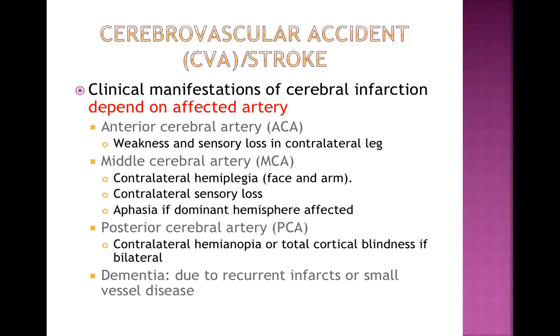Hemianopia means there will be vision loss or visual field loss in the same aspect of both eyes. And cortical blindness means affection of the visual cortex. I mean the person cannot see anything now, or the better description would be the person cannot interpret what they are seeing, and without interpretation the person cannot say what object that is.